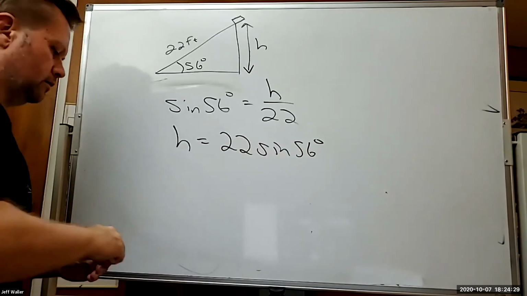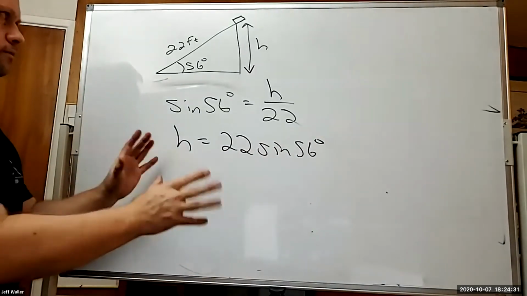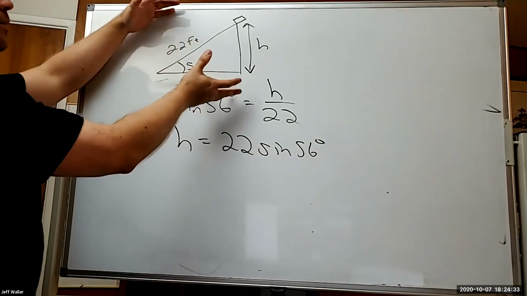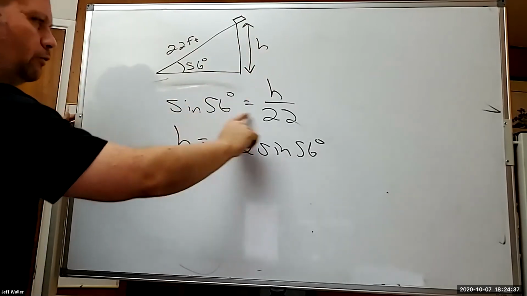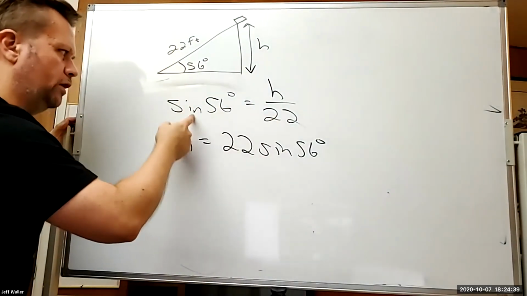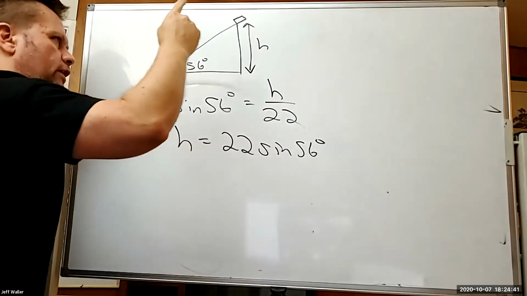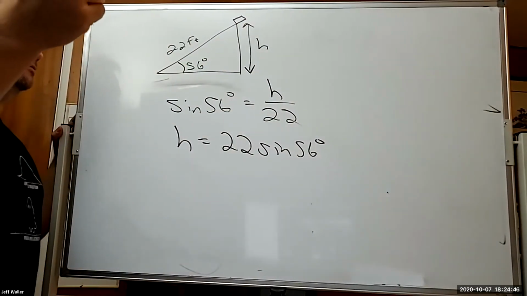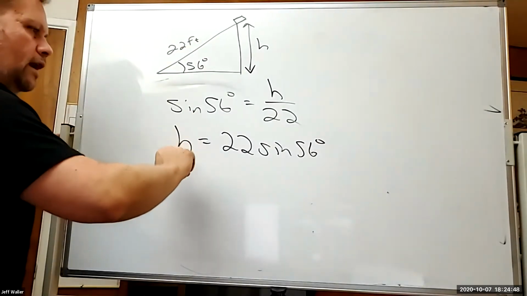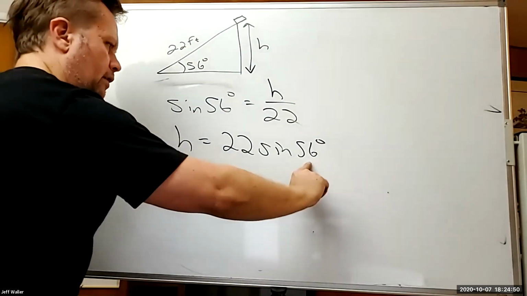Now, you're going to see a lot of problems like this, and then they make it a little more complicated, but they really just come down to which trig function relates what I want to know with what I know. In this case, sine. Now let's talk about how to put this in the calculator.